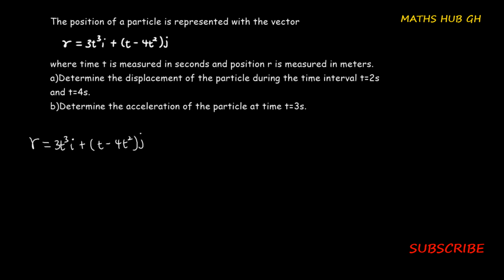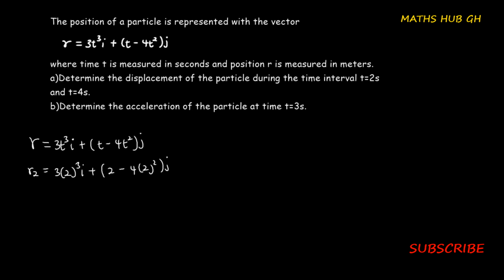First of all, we are going to find the position at time t equals 2 seconds. So we are going to have r sub 2 equal to 3 into bracket 2 cubed i, plus 2 minus 4 into bracket 2 squared j.